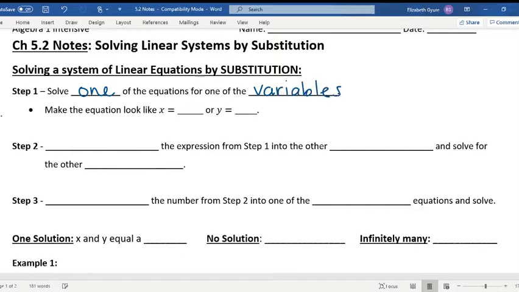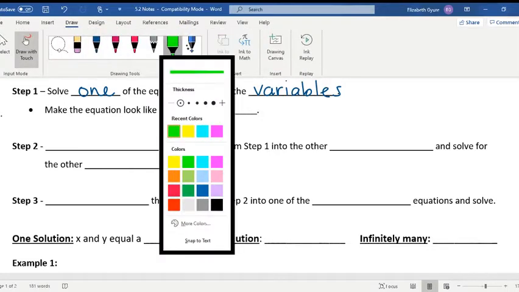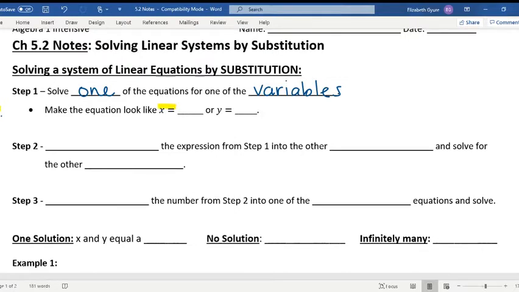Now, what that actually means is make one of the equations look like an x equals or a y equals. We're not actually putting anything in these blanks here. This is just saying that in order for substitution to work, one of your equations either needs to say x equals or y equals. It needs to be all by itself on the left-hand side, just either the x or the y.